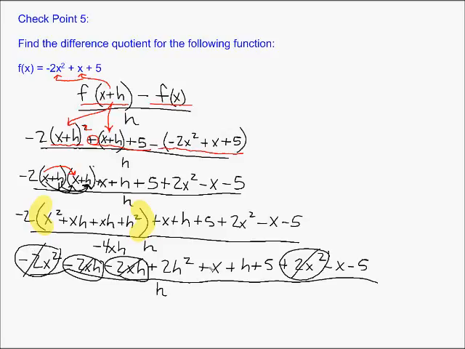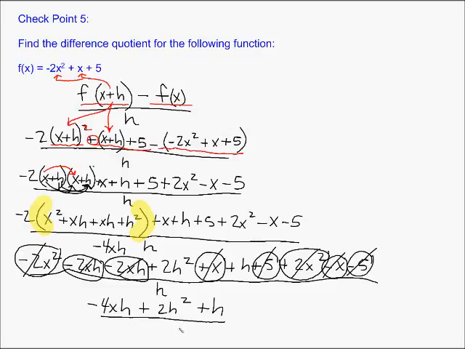I have positive x and negative x, those cancel out to give me 0. I also have positive 5 and negative 5, those cancel out, and what I'm left with is negative 4xh plus 2h² plus h all over h.